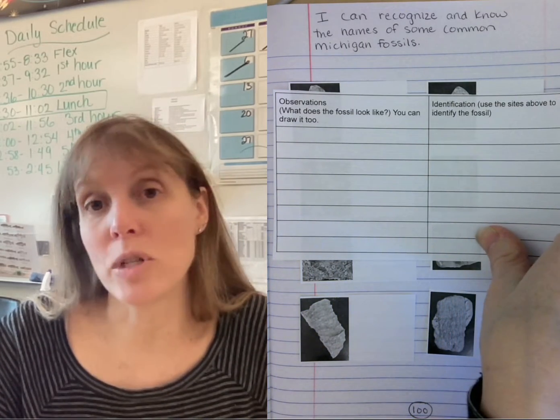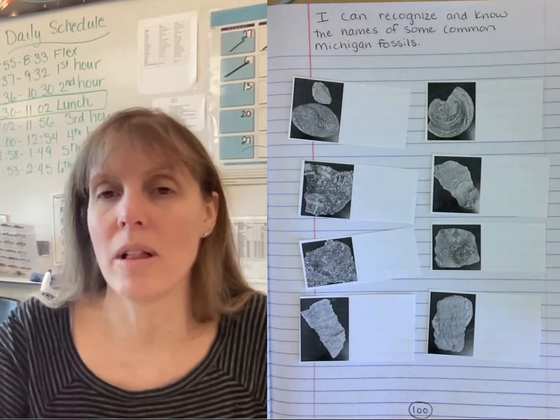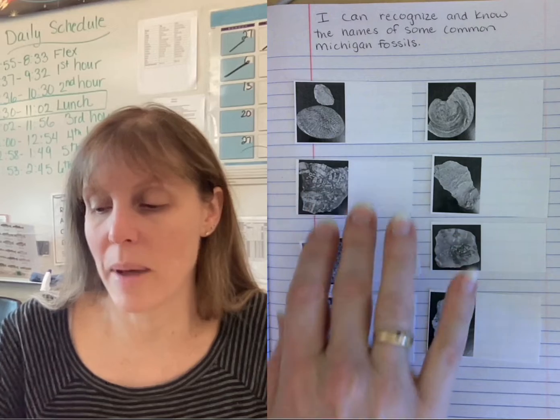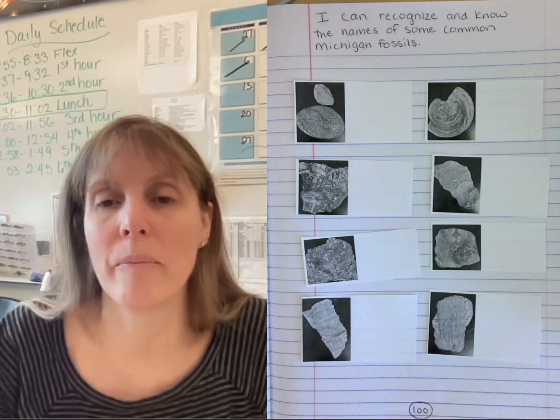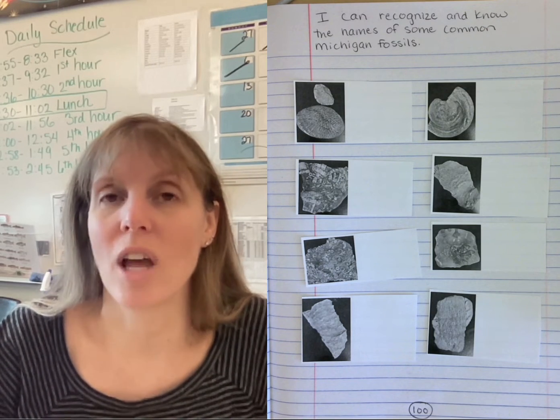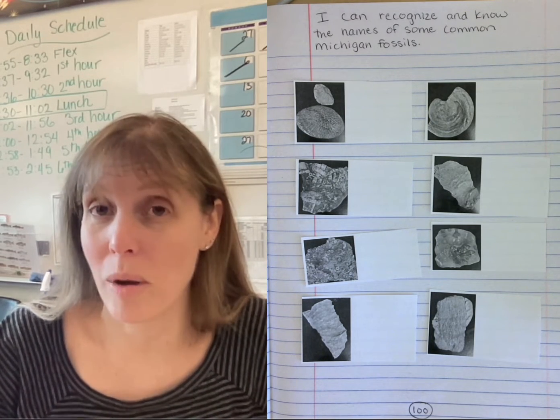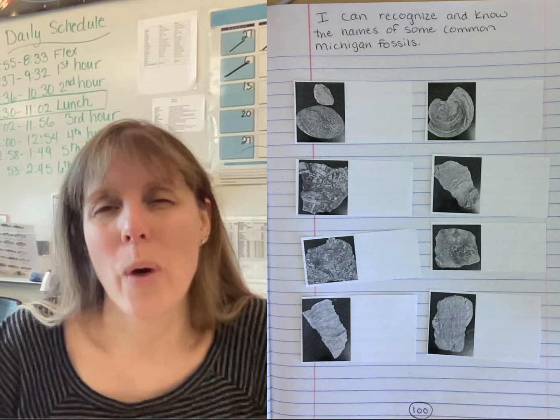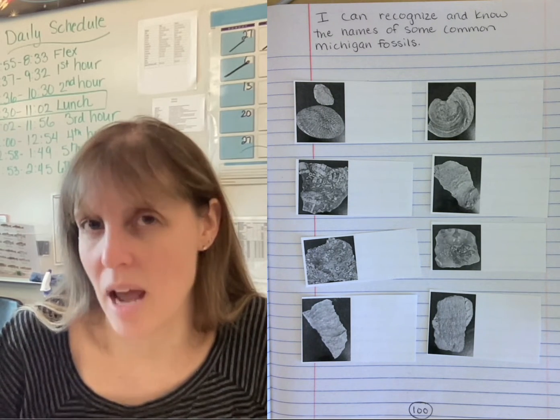So you have options with this notebook page, okay? So notebook page 100 can either be a table like that, or you can actually cut and paste all the pictures and fit it in your notebook. But you need to have 8 pictures of 8 fossils that you identify on notebook page 100, probably by the end of the hour today.